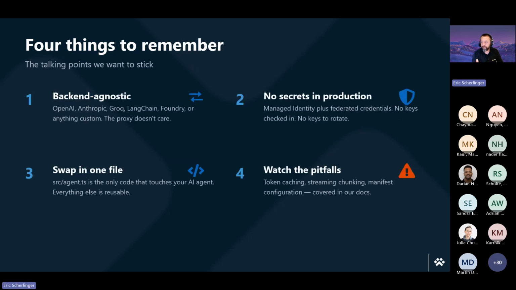So as we're wrapping up, a few things to remember. First, that sample is really backend agnostic. While we use AI Foundry or Microsoft Foundry for demonstration purposes and ease of deployment of the sample, it can be adapted to any other technology. It was built with no secret in mind.